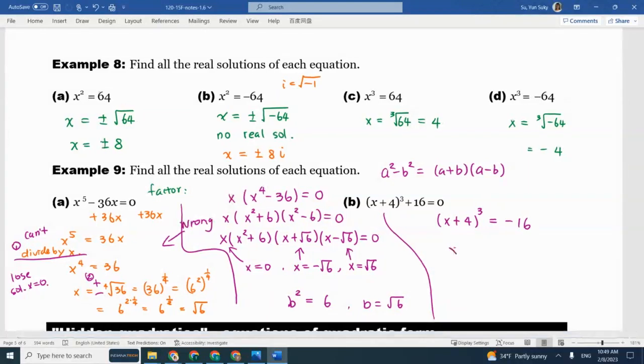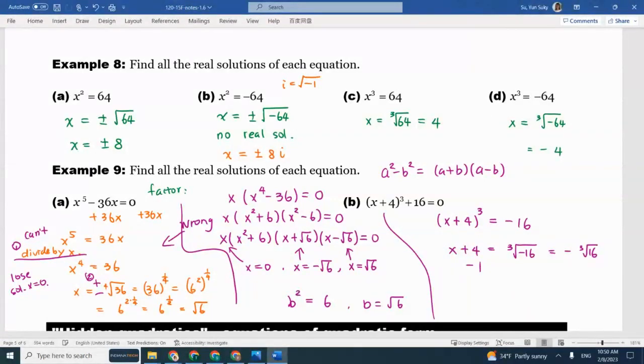And then we can take cube roots. Well, when we take a cube root, do we get plus or minus? No. But we can move the negative to the outside. The cube root of 16 is not an integer. You know that, right? Okay, so just leave it like that.